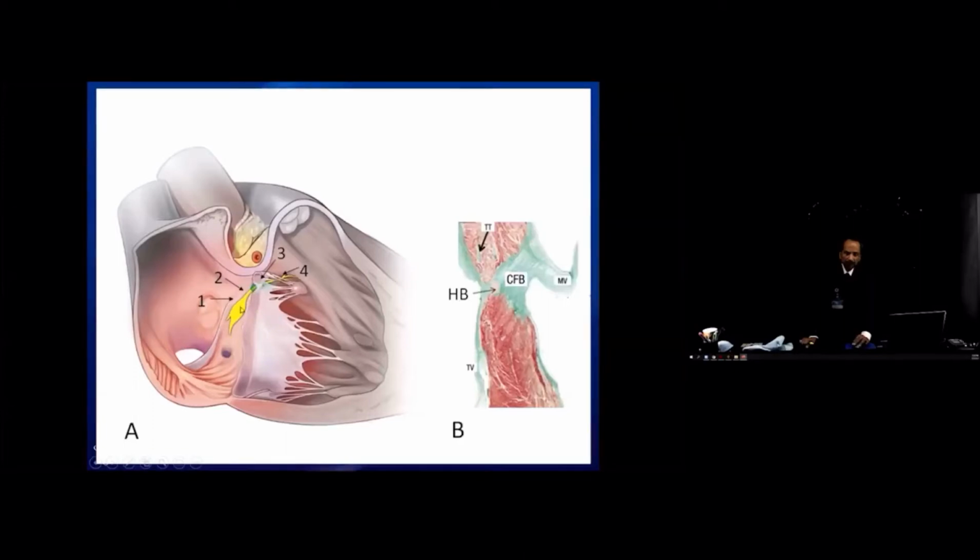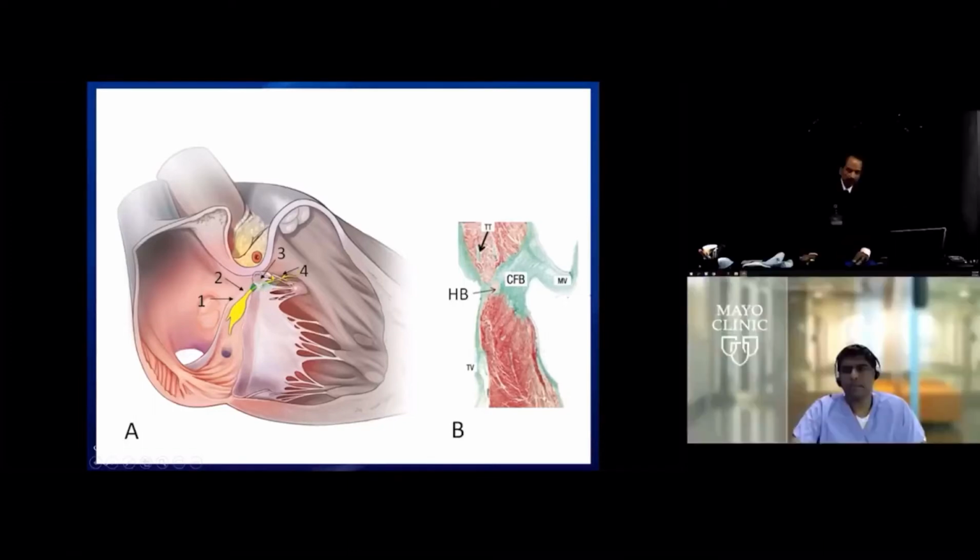It's either compact AV node or it's going to be the transitional zone or trigger zone as the AV node moves forward to become the His bundle. But once we cross this, we're in the membranous septum, part of the ventricle, and there we get the actual His bundle, and we also get the separation to the right and left bundles.